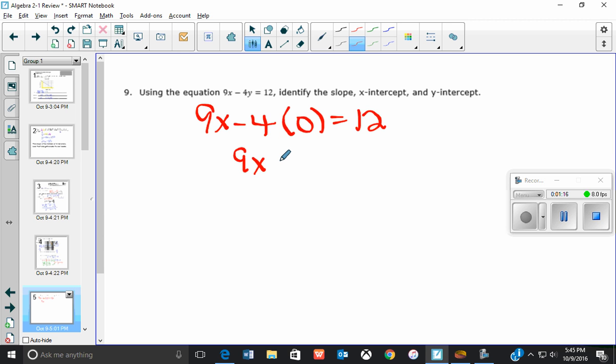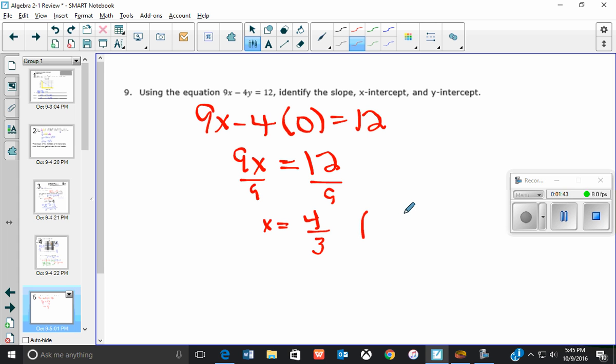I don't need to write plus 0. 9x equals 12. Now we need to divide by 9. So x equals 12 ninths, or 4 thirds. So that's our x-intercept.